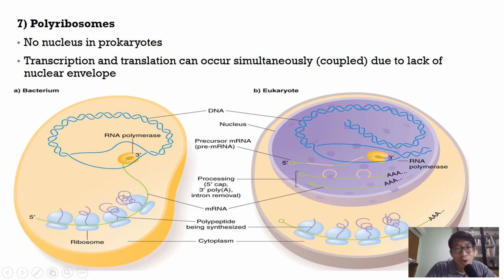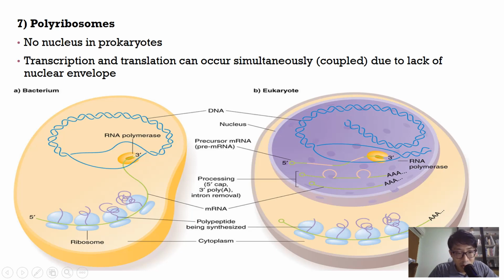So even before transcription is completed, whatever mRNA has already been synthesized, as long as there's the Shine-Dalgarno sequence, the ribosome can bind. So even before transcription is completed, translation can already be initiated.